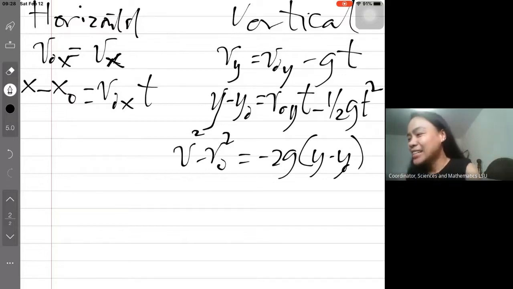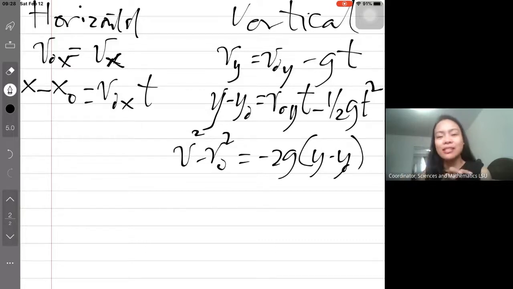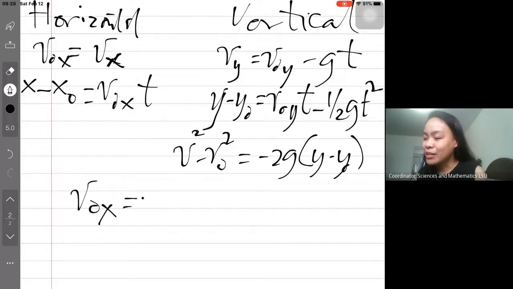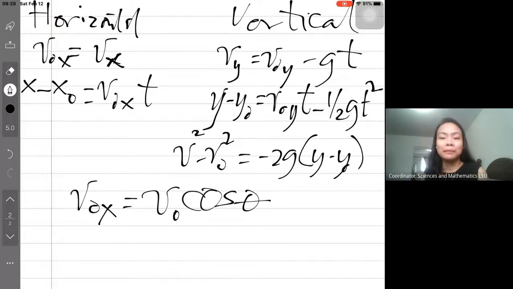Take note, since we have our x component of the velocity, never forget SOHCAHTOA. V sub ox is equal to the initial velocity times cosine theta. Never forget that.